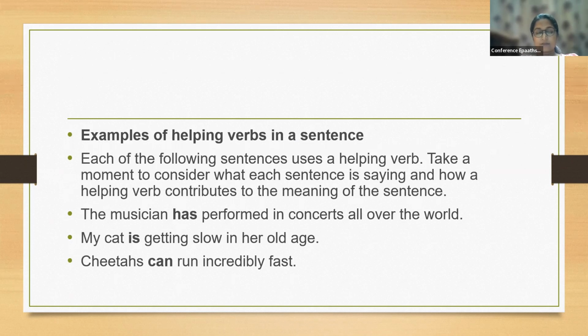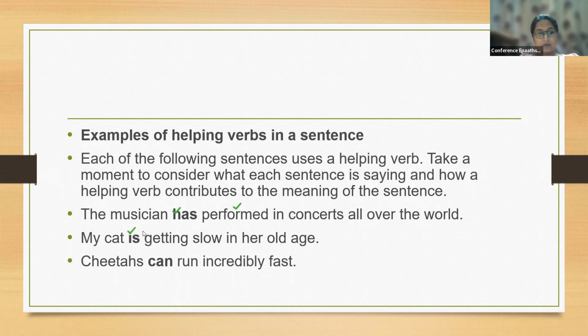Examples of helping verbs in a sentence: The musicians have performed in concerts all over the world. My cat is getting slow. Cheetahs can run. This verb is not coming alone. It is coming with another verb, that's why the second verb form is changed. That is why it is a helping verb.